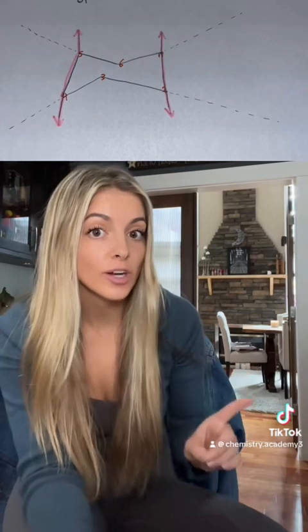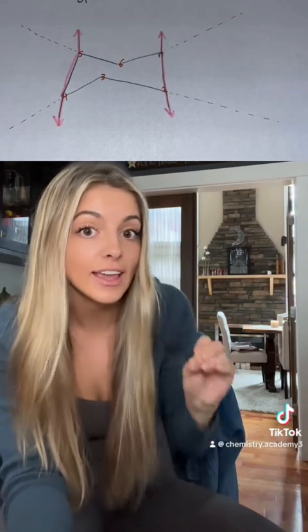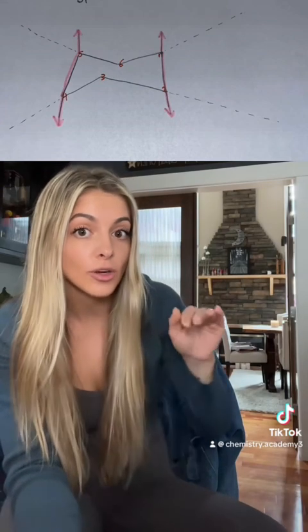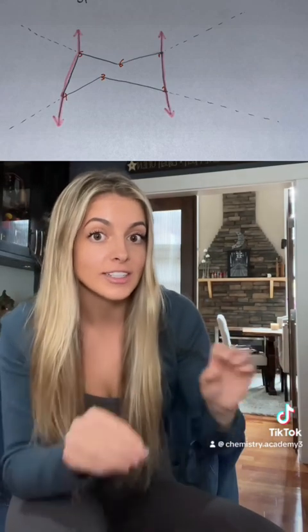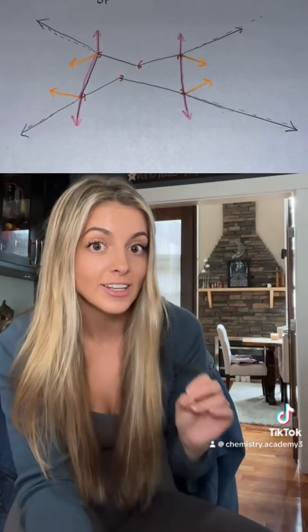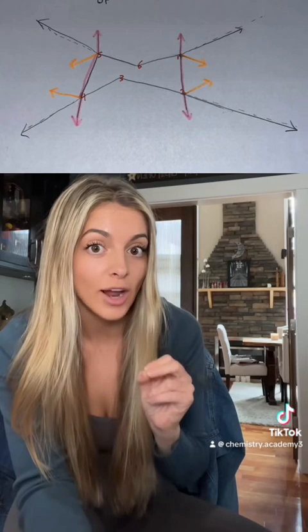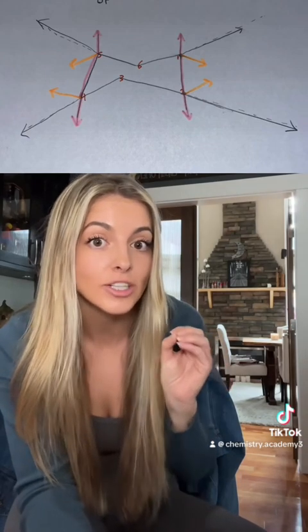For the equatorial bonds, it's a little more complicated. On the horizontal-ish lines of the chair, I want you to extend out each of those horizontal lines, and you are pretending you are extending those lines to infinity and beyond. Now, all you need to do to draw on the equatorial bonds is at each carbon, you need to draw your equatorial bond in the opposite direction as the line going to infinity.